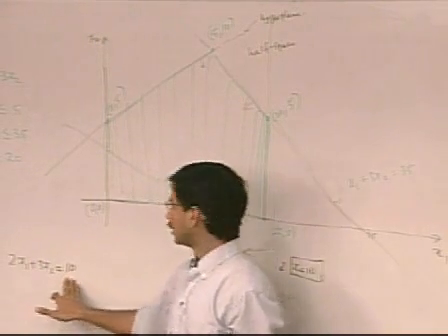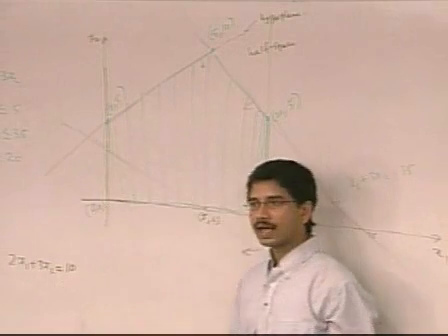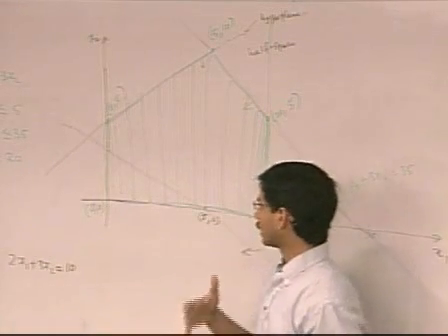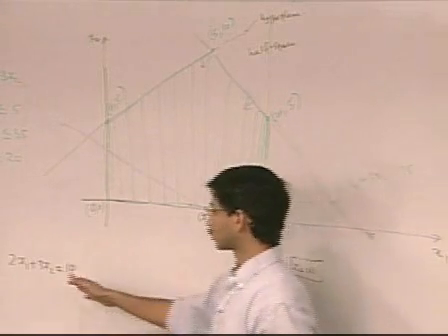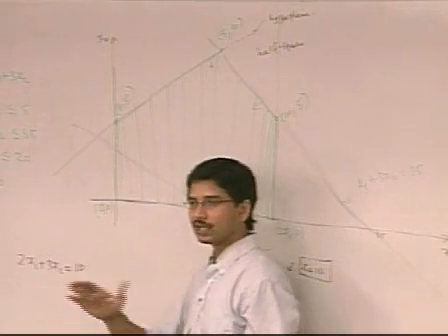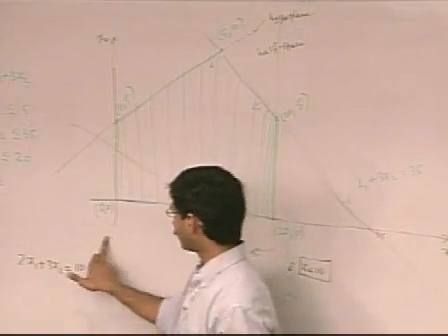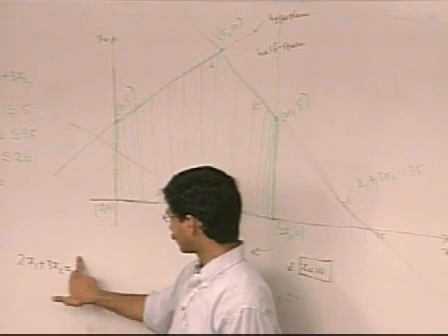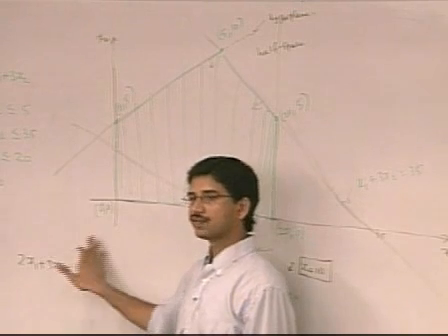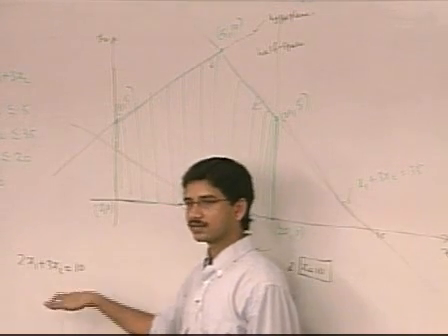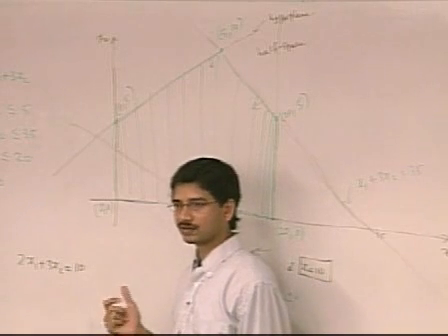Okay. And if you can, then ask yourself whether you can find a pair x1, x2 such that 2x1 plus 3x2 is 70. Okay. So you keep asking yourself this question by gradually increasing the right-hand side, and the largest value for which the answer is yes gives you an optimal solution.